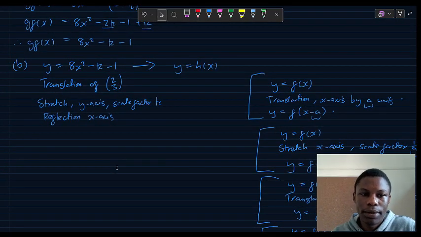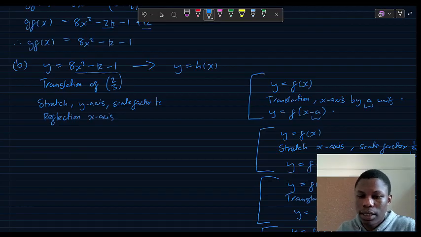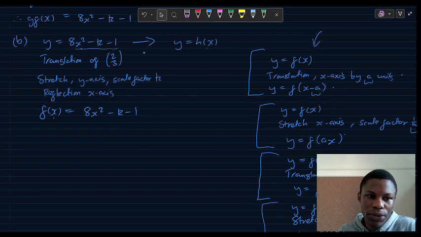So we are given that our starting function is y is equal to 8x squared minus k minus 1. So that we're in keeping with the examples we've done here, I'll just call this starting function our f of x. So if we define f of x as 8x squared minus k minus 1, and we want to move f of x to h of x, our first transformation here is a translation of (2, 3).